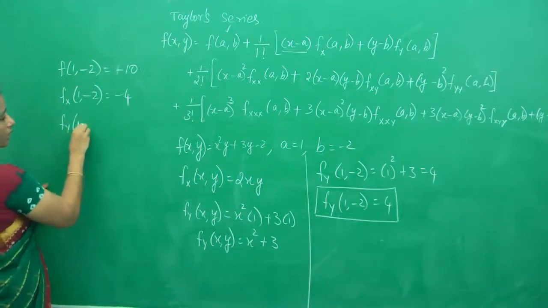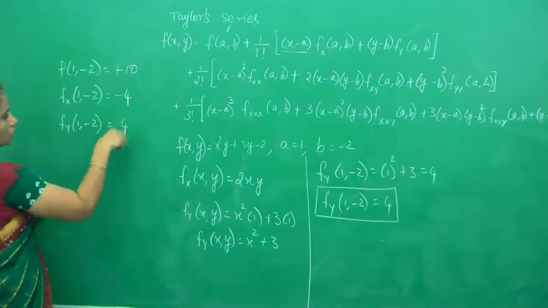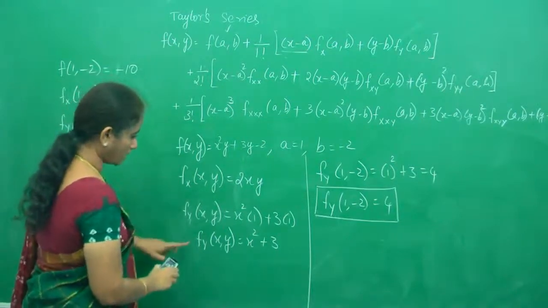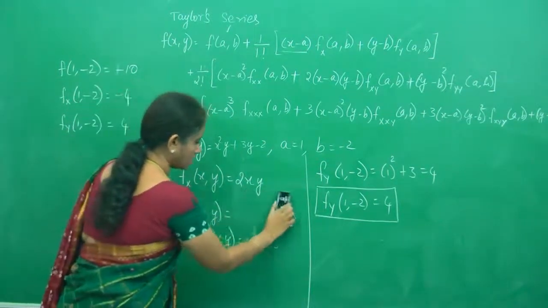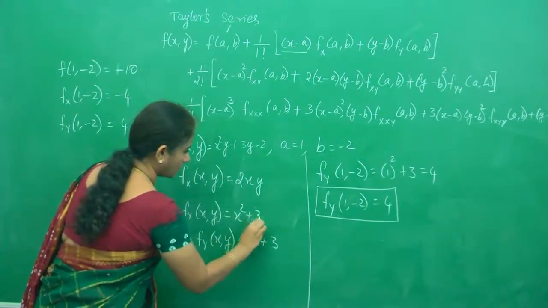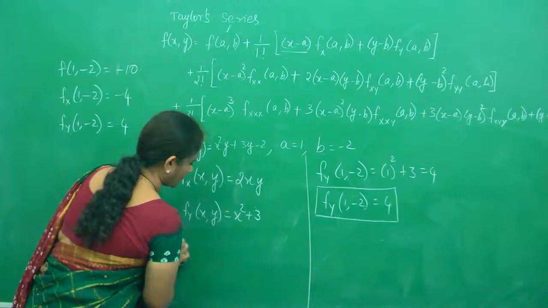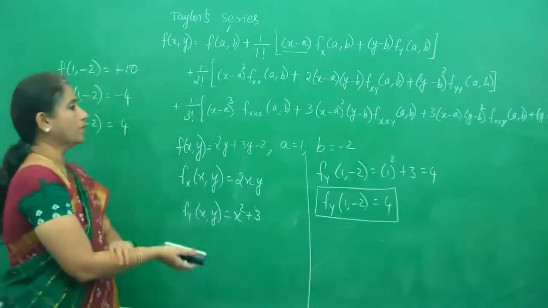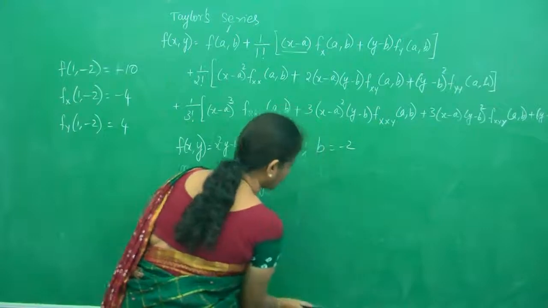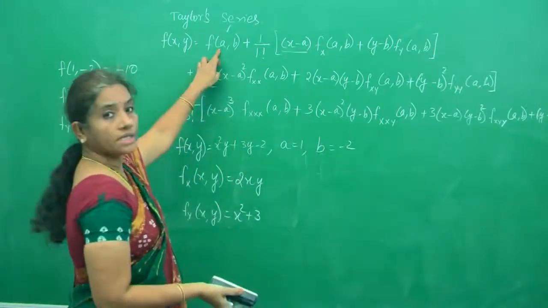Fy of 1 comma negative 2 is 4. Now I have fx. I will copy this in this line so that I have the derivatives on the board. X square plus 3. So this is not required. Now your first line is finished.